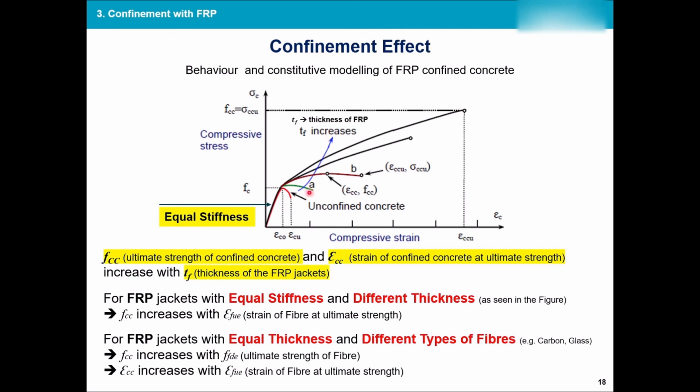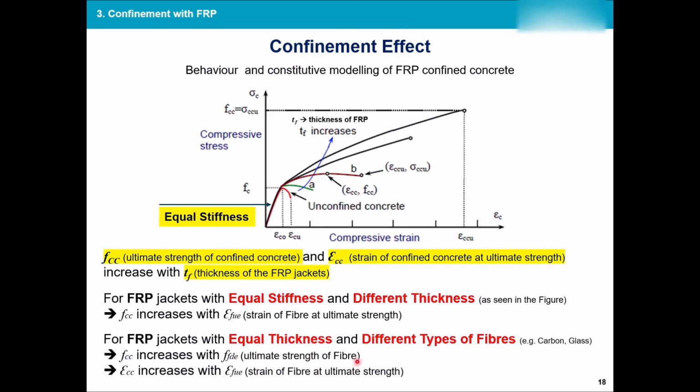Yeah, it increases. For FRP jackets with equal thickness, now we're not increasing anymore, but using different types of fibers. So now we're changing the fibers. We're going from, for example, high strength carbon or high modulus carbon to glass to basalt to aramid. The f'cc increases with ffue, the ultimate strength of fiber.